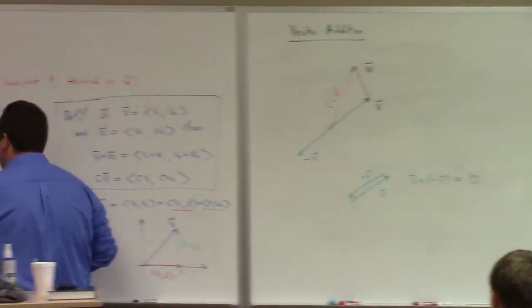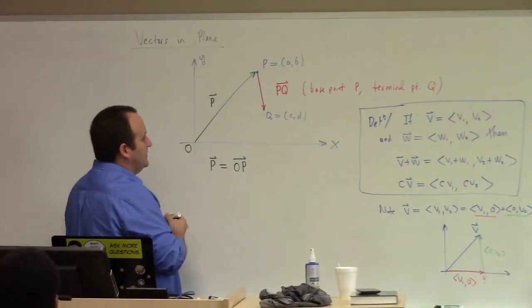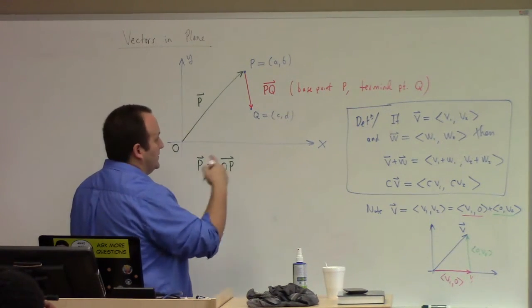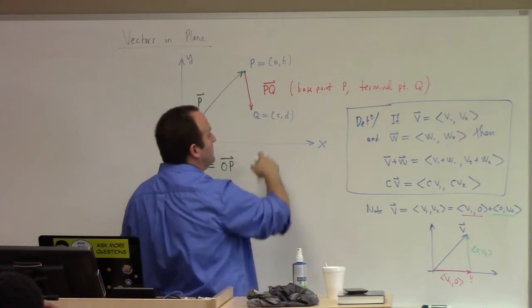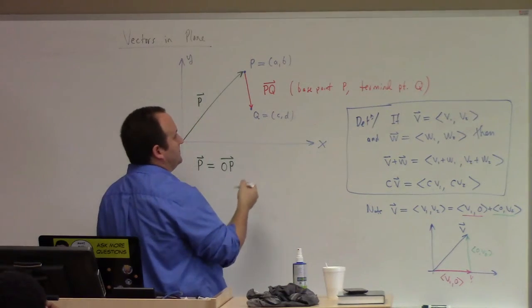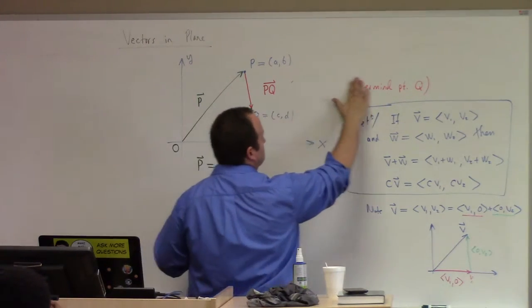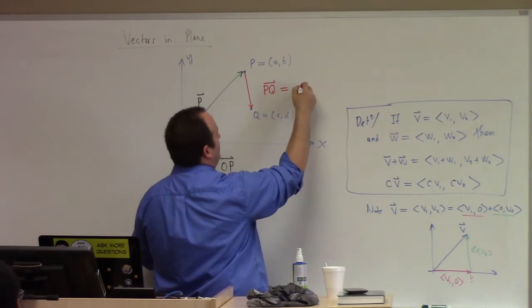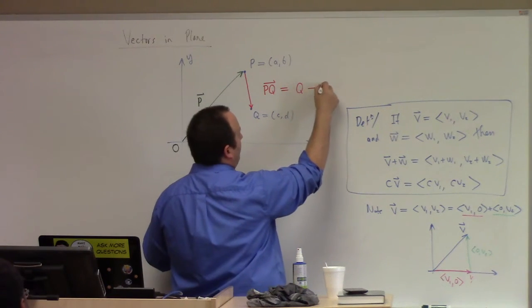So we also have formulas for this. What's the formula for PQ while we're at this? You can just write this as nothing more than Q minus P, right?